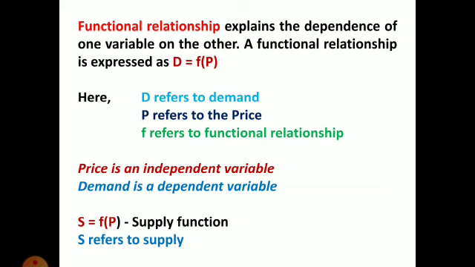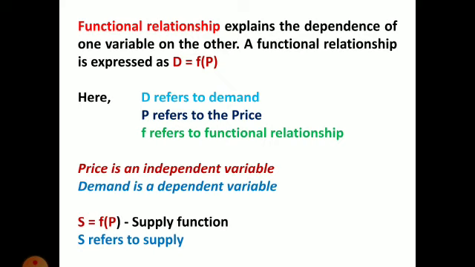It shows the dependence of one variable on the other. So we say supply depends upon price. So here supply is a dependent variable and P is an independent variable because P changes first, due to which supply also changes.